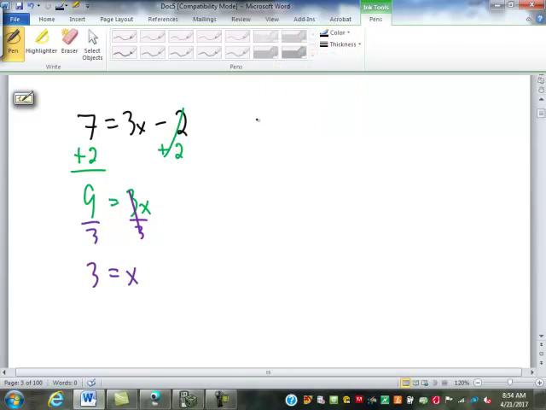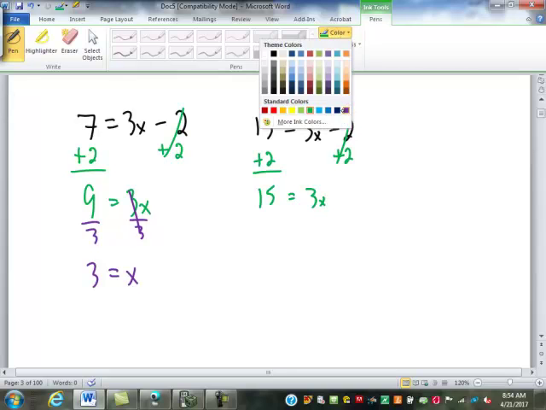We could also have an equation that looks like this. What steps are we going to take to solve this equation? Same steps. We're going to add 2. 15 equals 3x. And we're going to divide by 3.